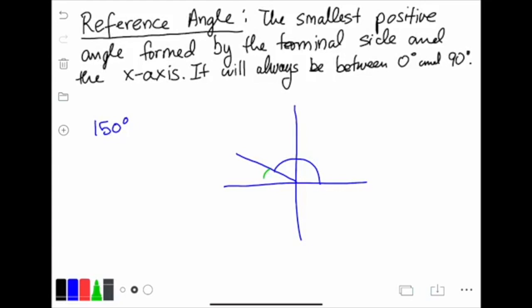Therefore, this angle right here is the reference angle. And that's pretty easy to calculate. All we need to do is get 180 minus 150. And that would be 30 degrees. Therefore, 30 degrees is the reference angle to 150 degrees.